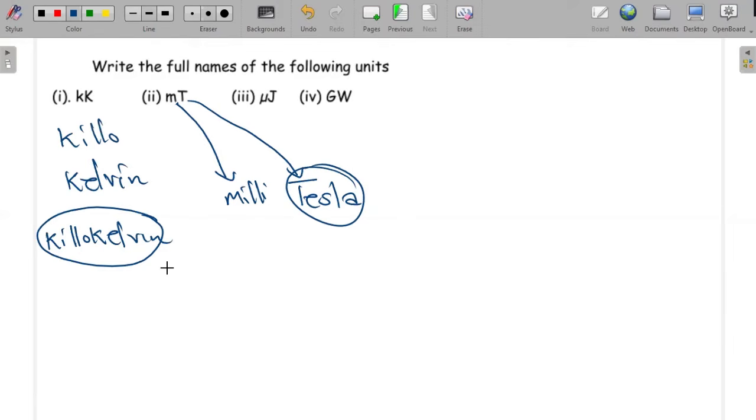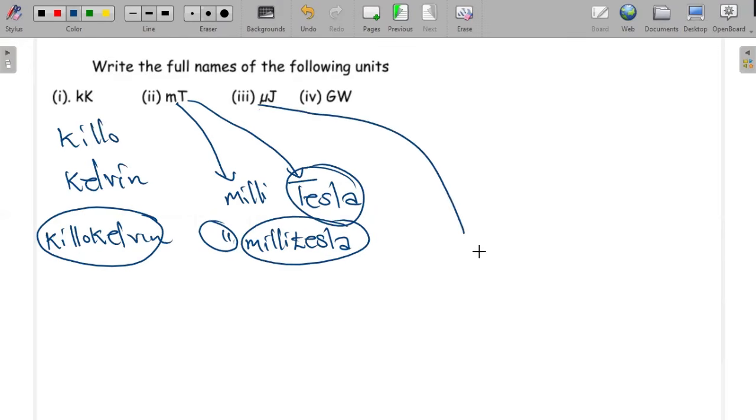Now, what do we use Tesla for? That will be the next question, because 2 is for milli Tesla. Which physical quantity do we measure using this? Magnetic field.